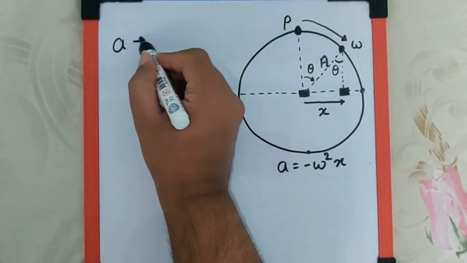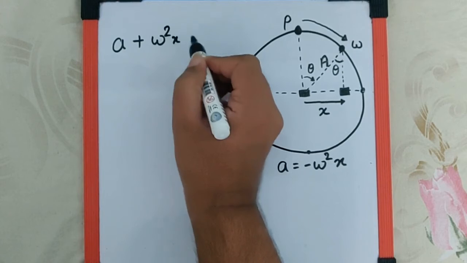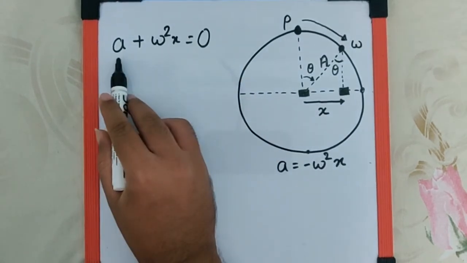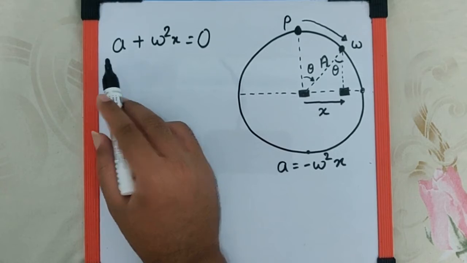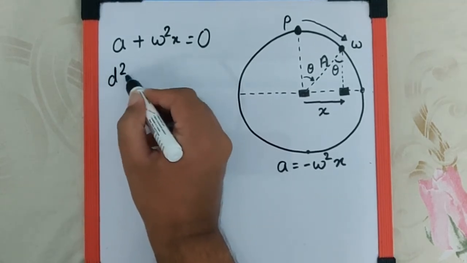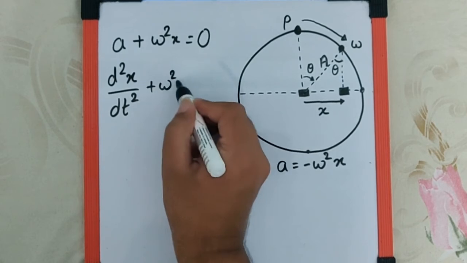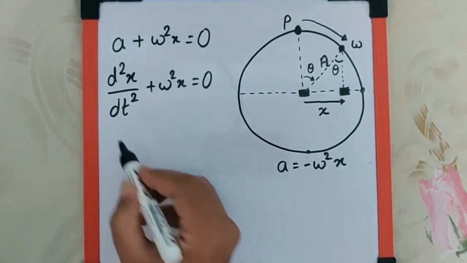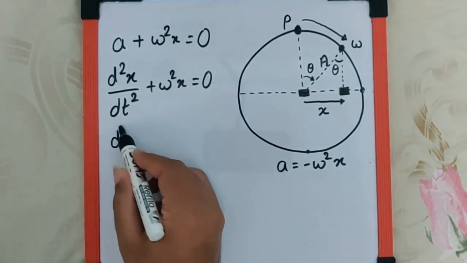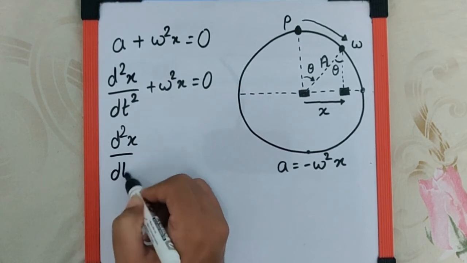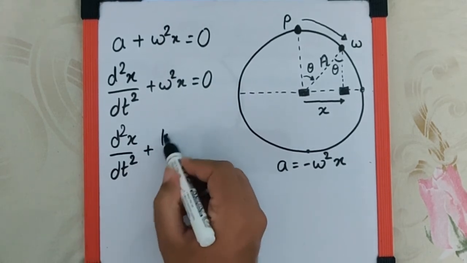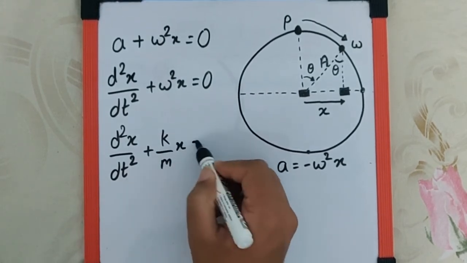We get acceleration plus omega square x equal to 0. Acceleration can be written as the second order derivative of x with respect to time, which is d2x by dt square plus omega square x equal to 0. Now if you remember, the standard differential equation of SHM was d2x by dt square plus k by m x equal to 0.